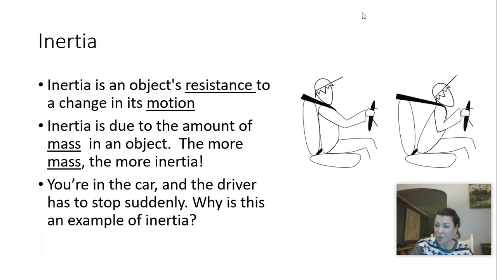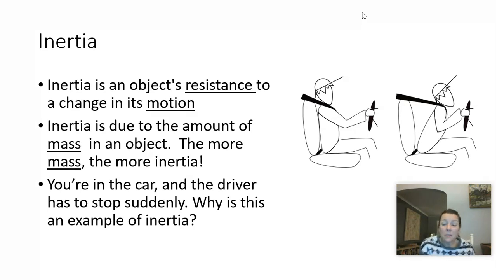Inertia is also part of Newton's first law. And it's a fancy word that describes why an object doesn't move. If you think about a bigger object, it's harder to get it to start moving. It has more resistance to changing its motion. And inertia is due to the amount of mass in an object.